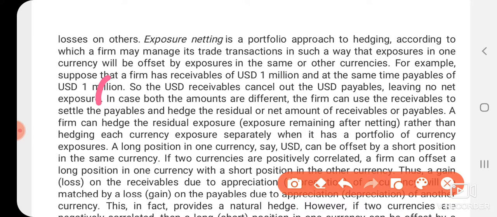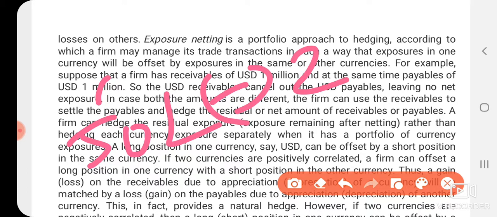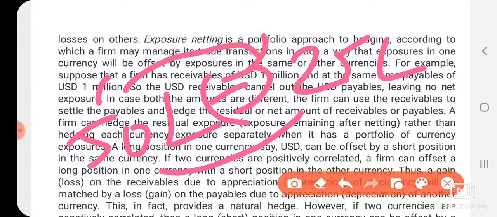Say for example, we know that each country's currency varies from other currencies. I'm just assuming our country's currency value is very high, and that the opposite currency value is very low. In such situations, if we have receivables worth 50 lakhs and the opposite payables are only 25 lakhs, there may be some type of gain.